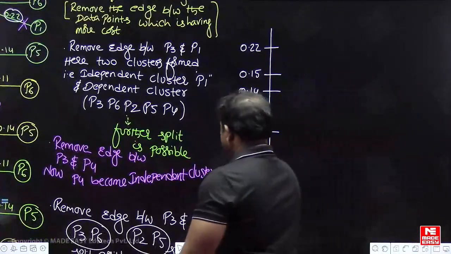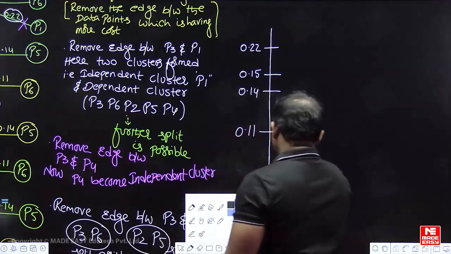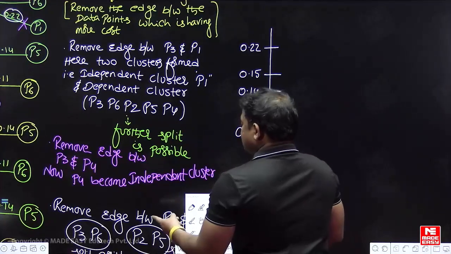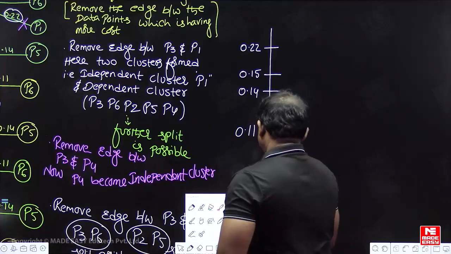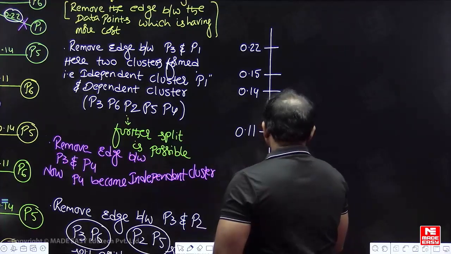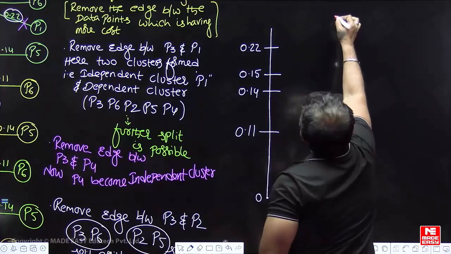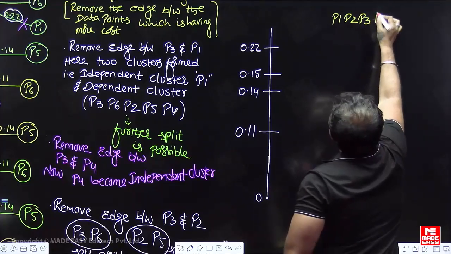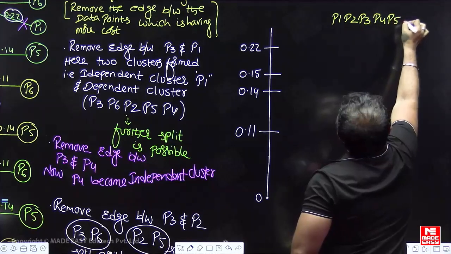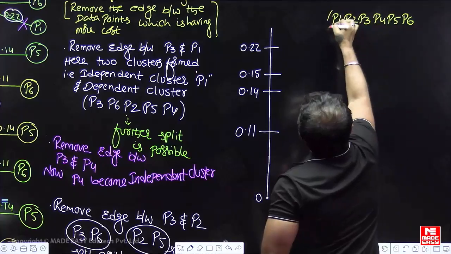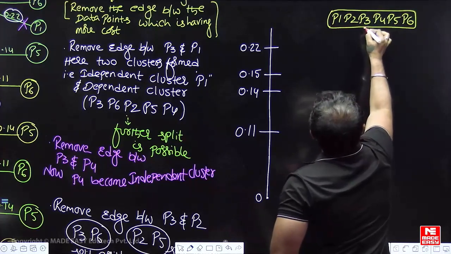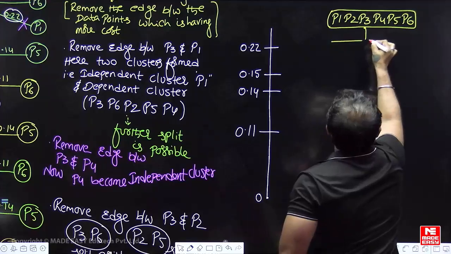So now tell me the total cluster, that is P1, P2, P3, P4, P5, P6. This is the cluster set, the main cluster. This will be dividing into two parts here.